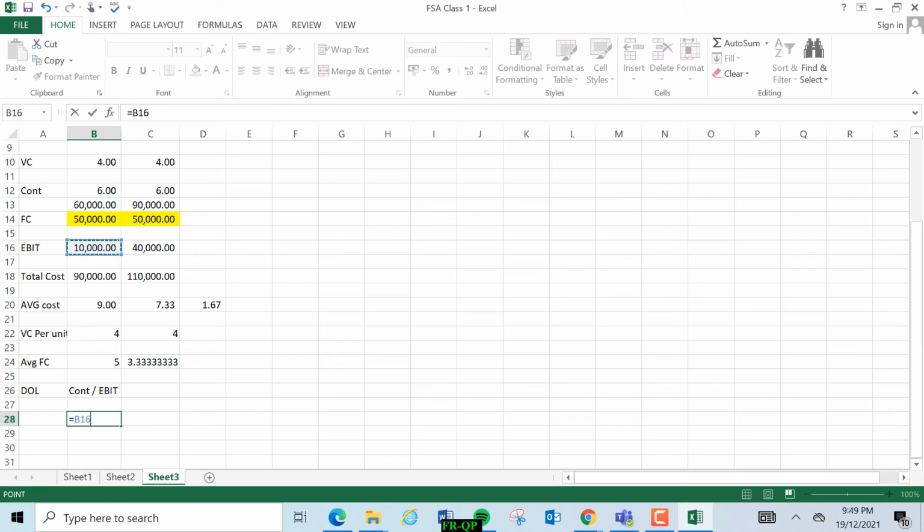What is the contribution? What is the contribution here?